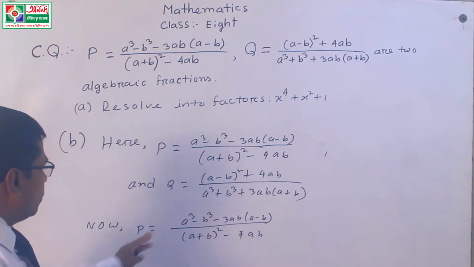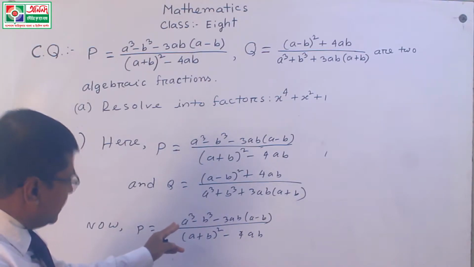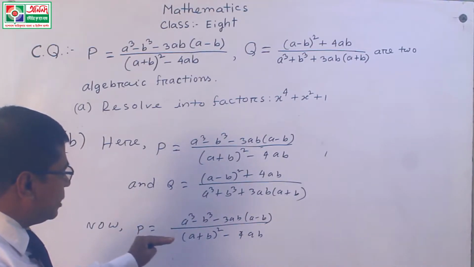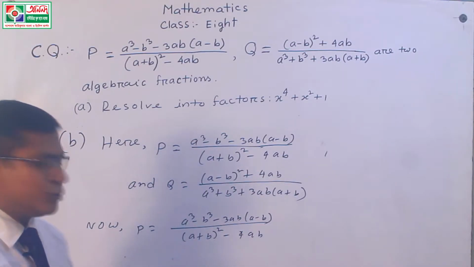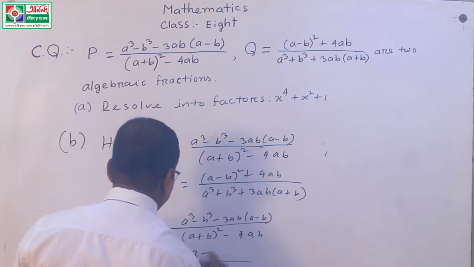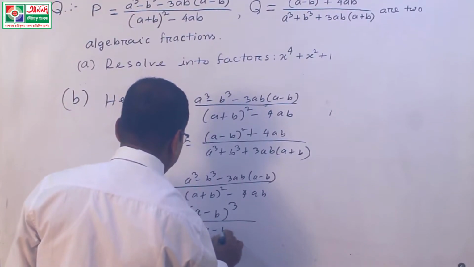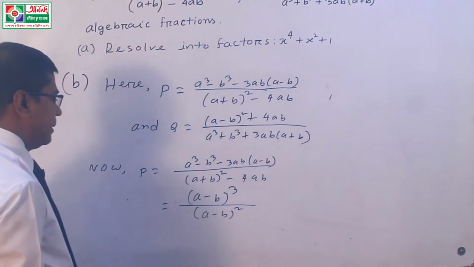Dear students, look at, we can apply the corollary (a minus b) whole cube in the numerator, and in the denominator we can apply (a minus b) whole square. So you can write here (a minus b) whole cube, and here (a minus b) whole square.